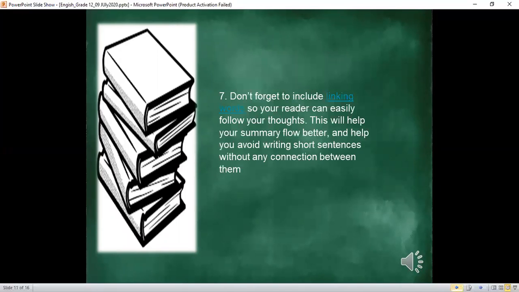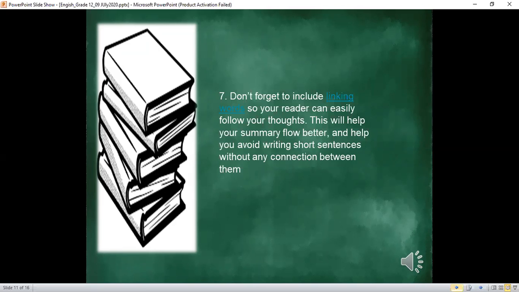Because, okay, another thing, like I said, you're supposed to have a coherent and flowing summary. What allows that? You need to include the linking words. What are these linking words that we're talking about?